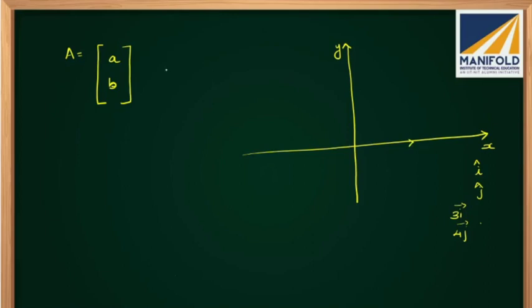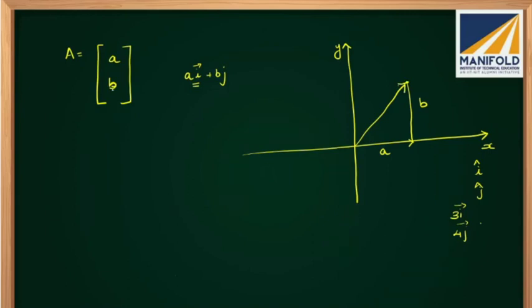So this is nothing but AI plus BJ. I told you I is the unit vector in the x-axis and J is the unit vector in the y-axis. So A units in the x-axis and B units in the y-axis will take you to this particular point. This is the vector which you should have in mind once you see the column A, B.